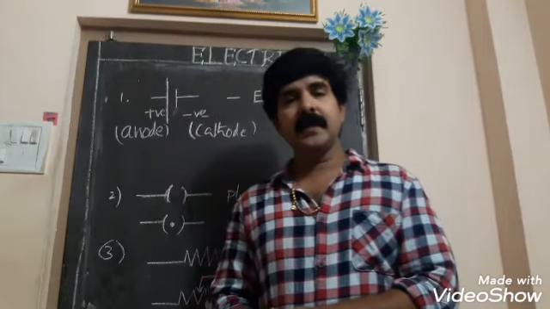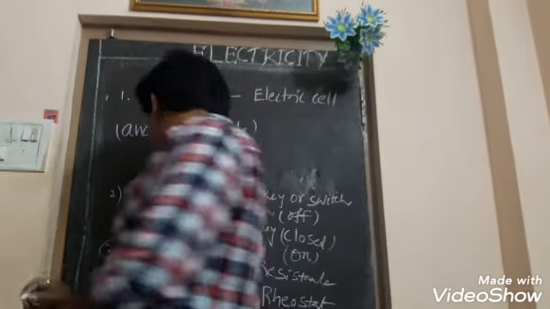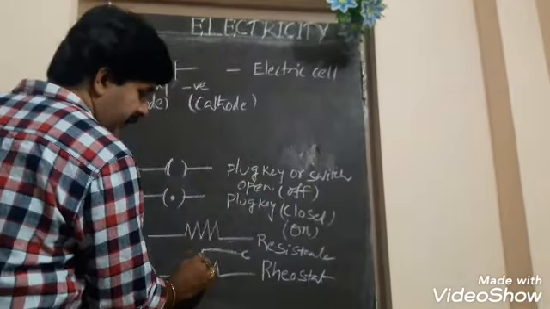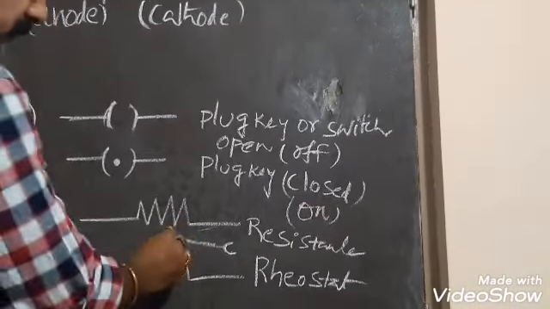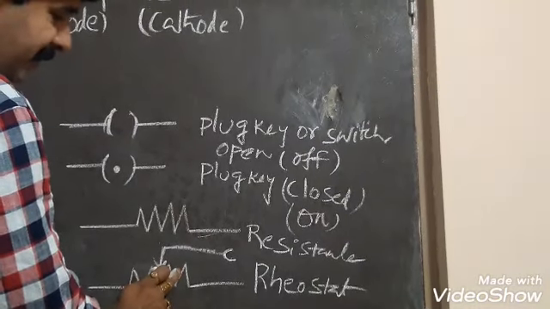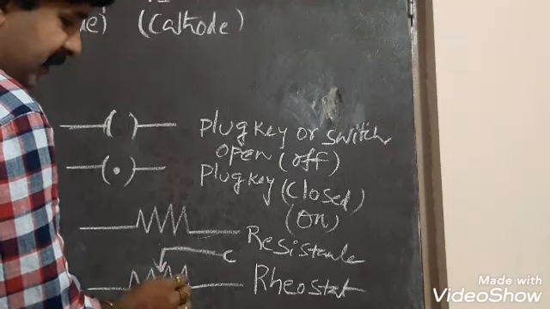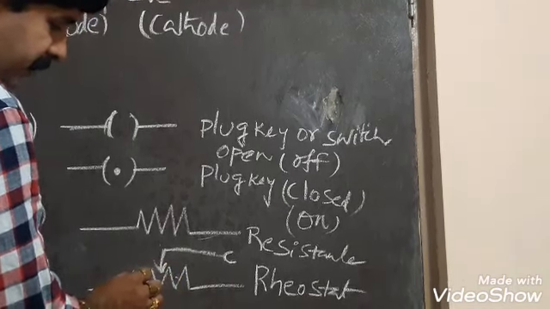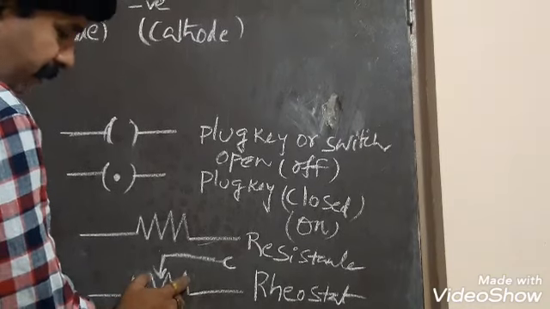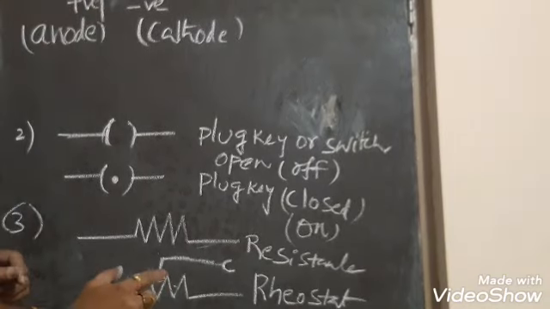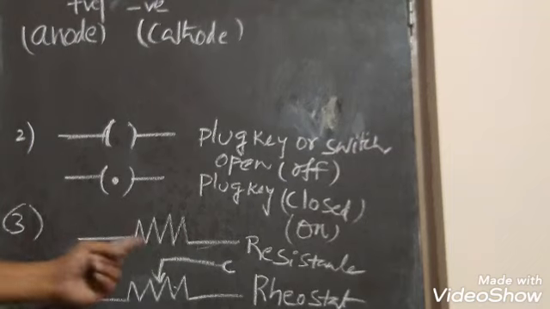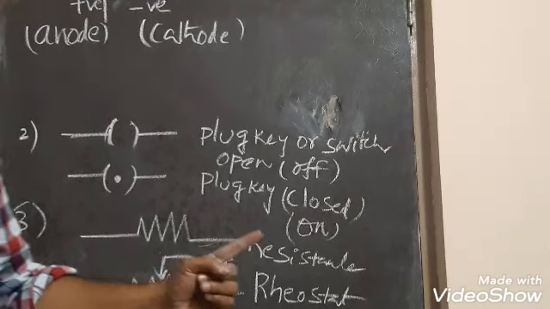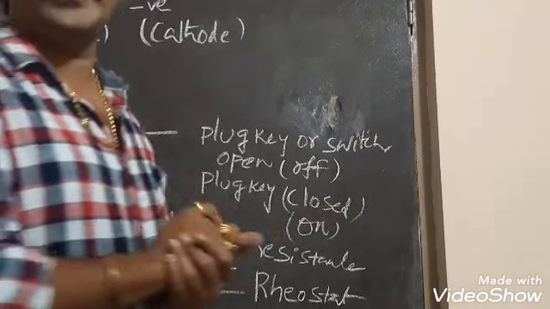Variability means, you see, this is a jockey or a key. If you put the jockey here, you have resistance at this level. If you put the jockey here, you have resistance for this much only. Like that, this key will be adjusted according to the resistance required.